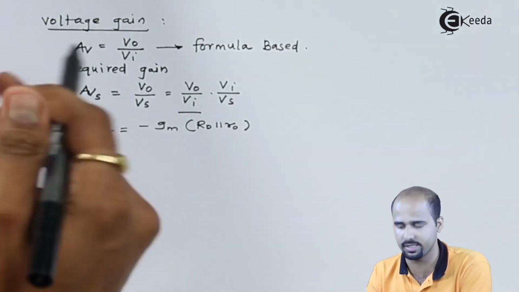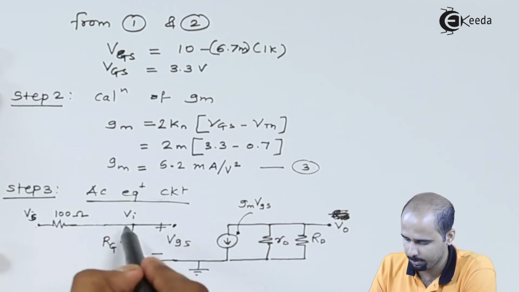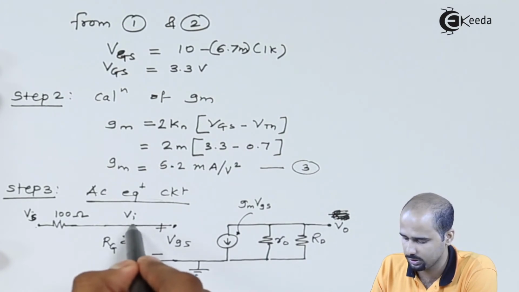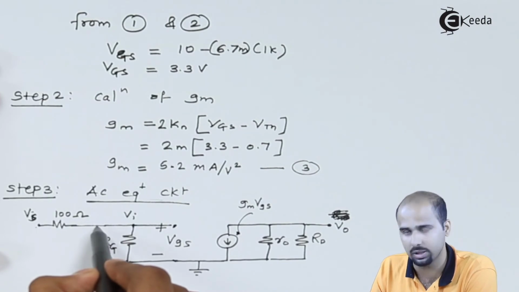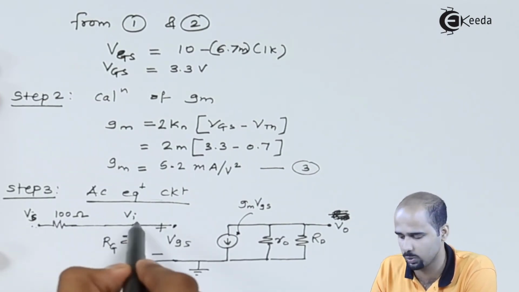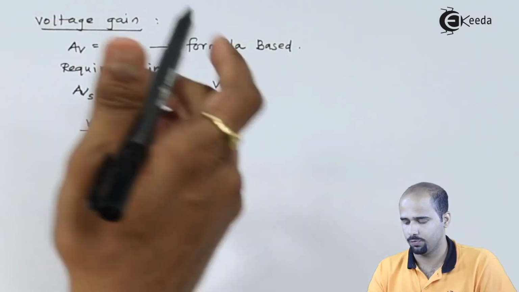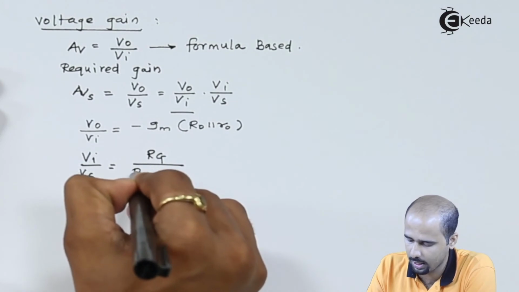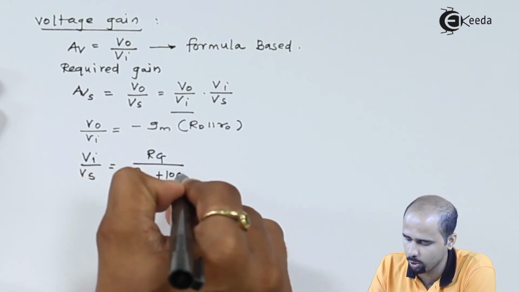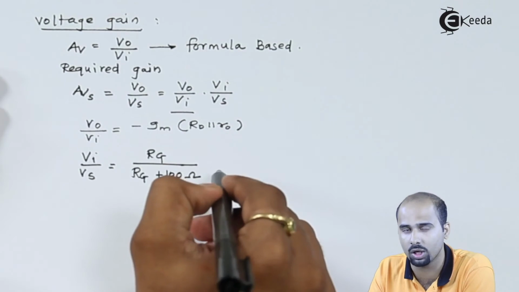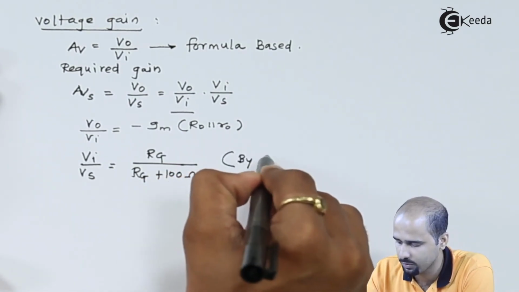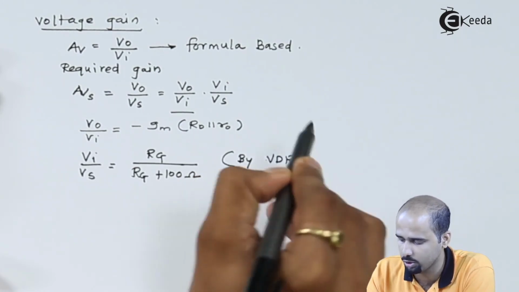Looking at this AC model, we can easily say, by just applying the voltage divider rule, that RG divided by RG plus 100 ohm, multiplied with VS, is equal to VI. So VI divided by VS is RG divided by RG plus 100 ohm. This is achieved by VDR, that is the voltage divider rule.